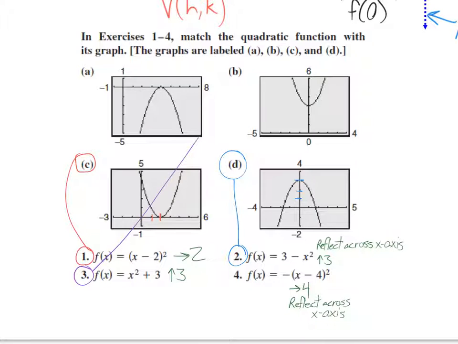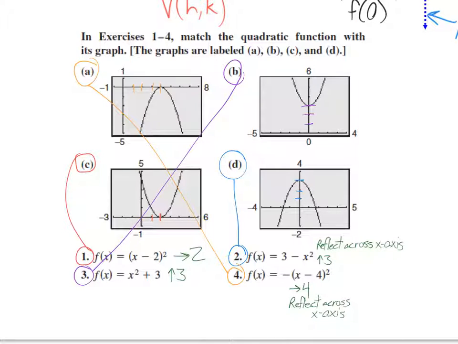Number 3 is B. It's shifted up 3, but notice it's not reflected. That's the difference between number 2 and 3. And then of course, number 4, process of elimination, but also because we see it is shifted to the right 4 units and it's reflected downward. So A is 4.